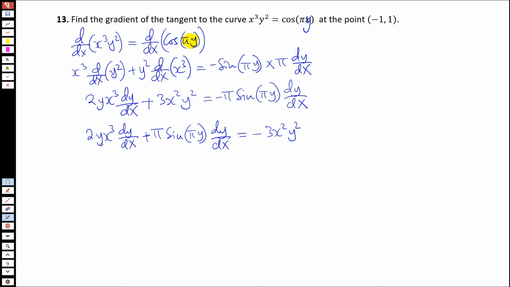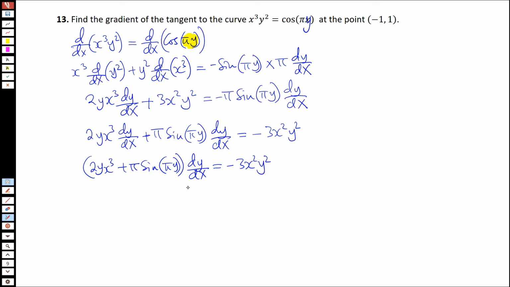And then we can factorize this. So (2y x cubed plus pi sine pi y) dy over dx will be equal to negative 3x squared y squared.